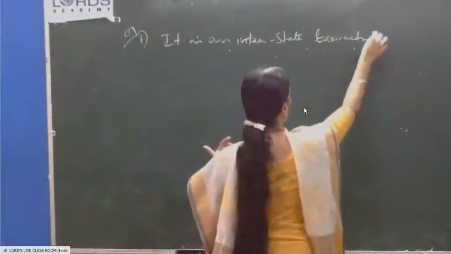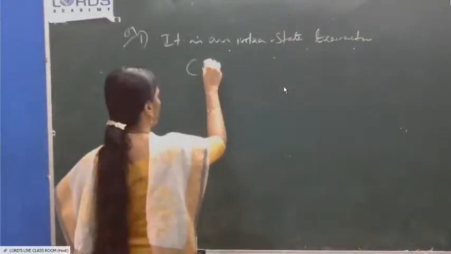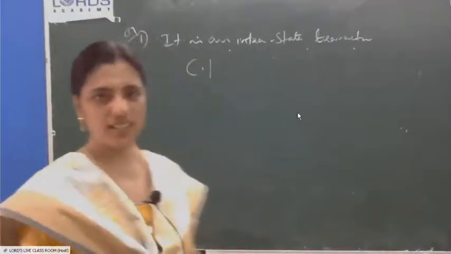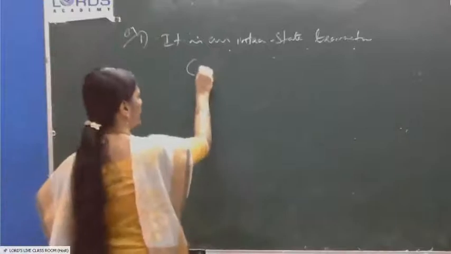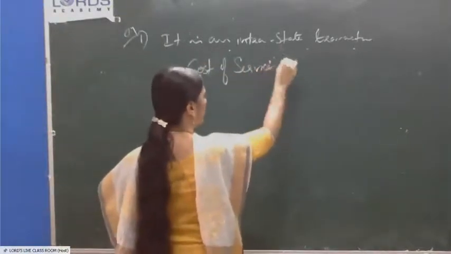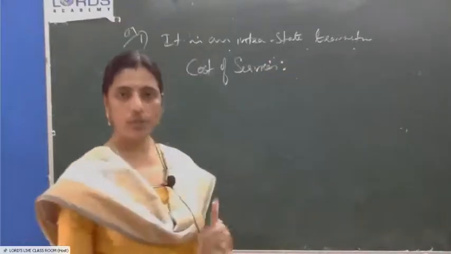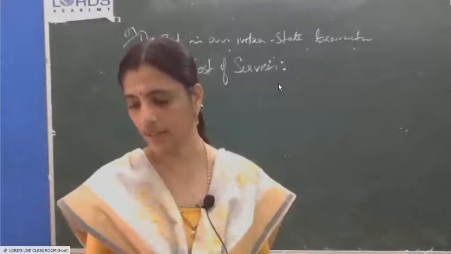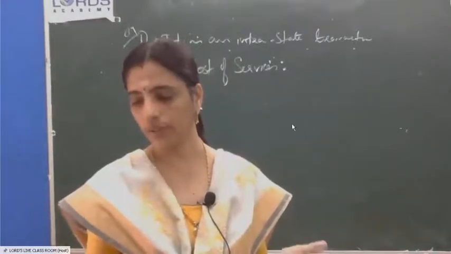But how to get the cost price? Cost price means it's not a commodity. Cost of services, don't write cost price, write cost of services. It's not an article. First you add up. Okay, it's not one service, many services are there. 500, 300, 400, 600.